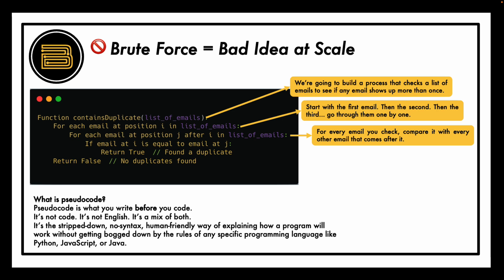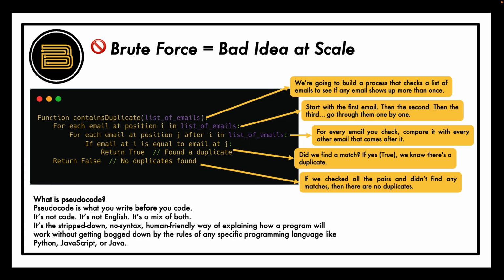So every email that we check, we compare it to every other email that comes after it. And then we ask ourselves, did we find a match? If yes, we return true, we know that there is a duplicate. If we check all the pairs and didn't find any matches, then there are no duplicates.